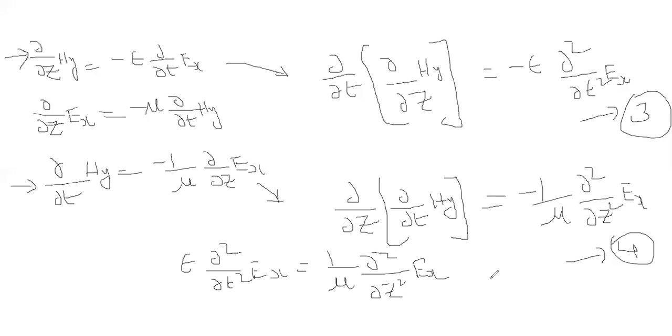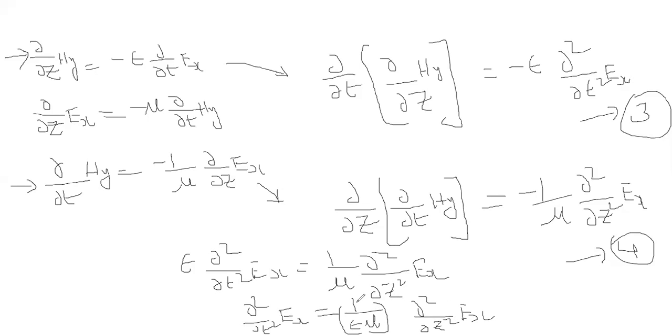And now we take this epsilon here. So dou square by dou t square Ex is equal to 1 by epsilon into mu, dou square by dou z square into Ex.